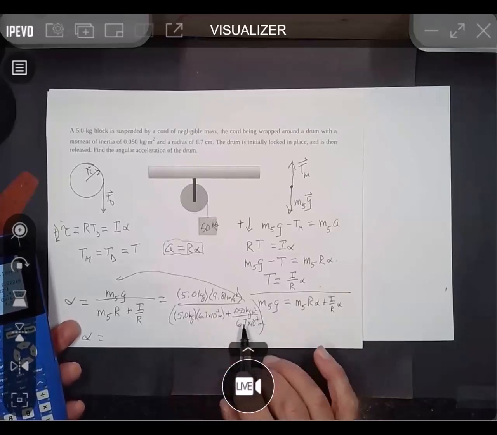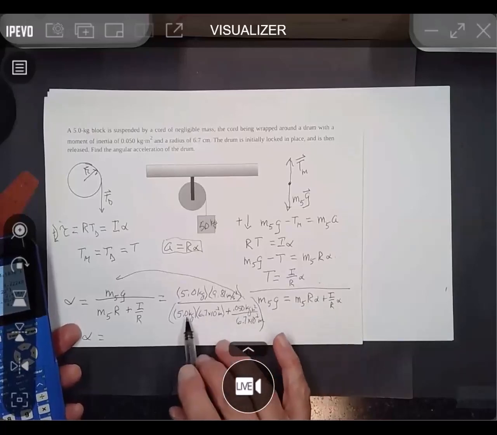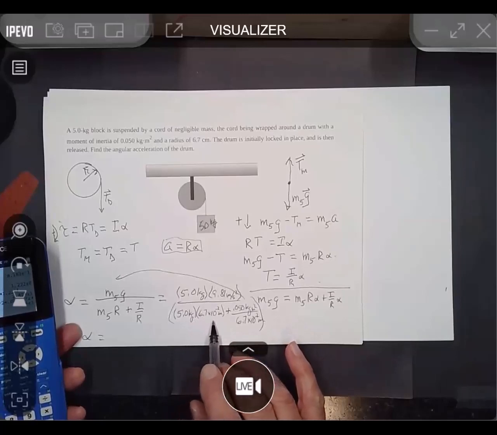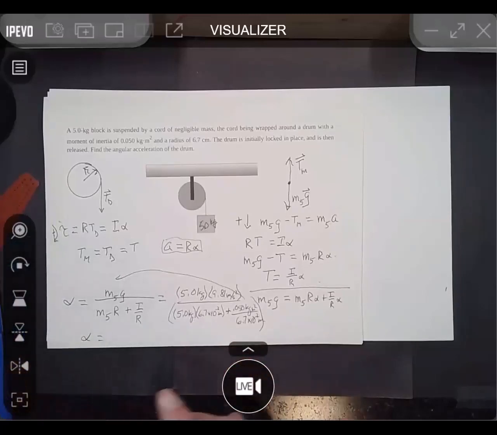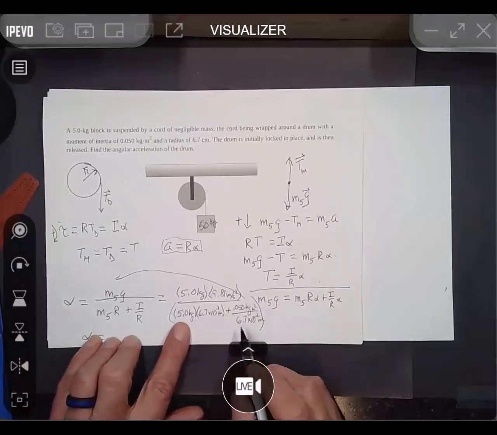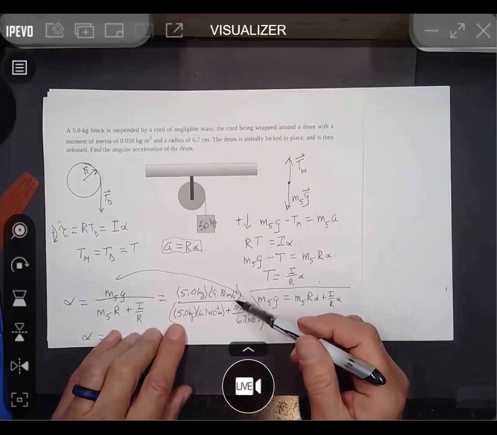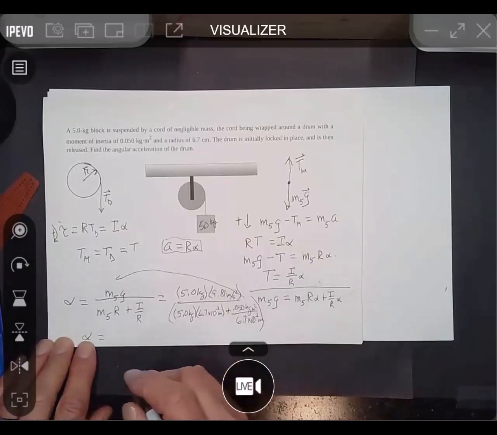Let's see, the kilograms divide out. That'll be kilogram meters there. This is kilogram meters. Oh, excuse me. This is the angular acceleration. I was just looking at the units and they're coming out per second squared, and that's because that's what angular acceleration is measured in.